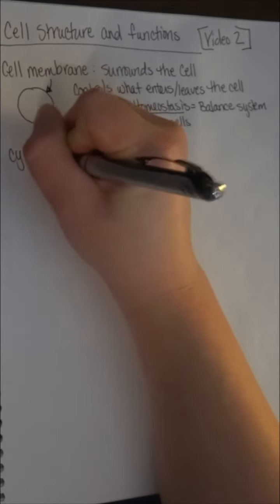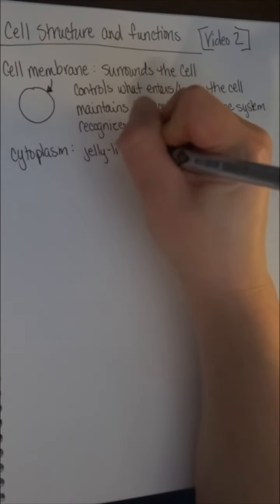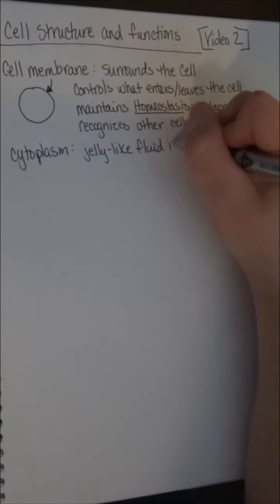Also, we talked about the cytoplasm. Now, the cytoplasm is the jelly-like fluid inside of our cell. So it's the jelly-like fluid inside the cell.